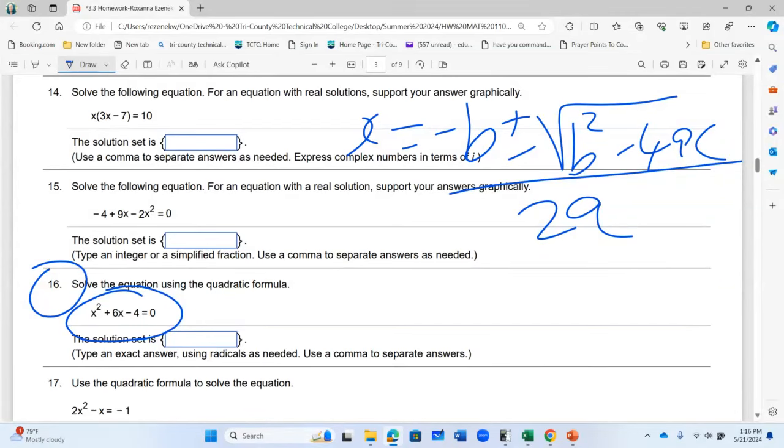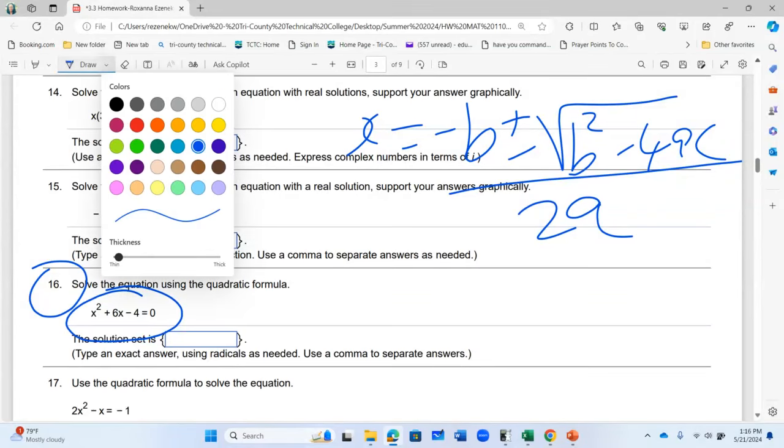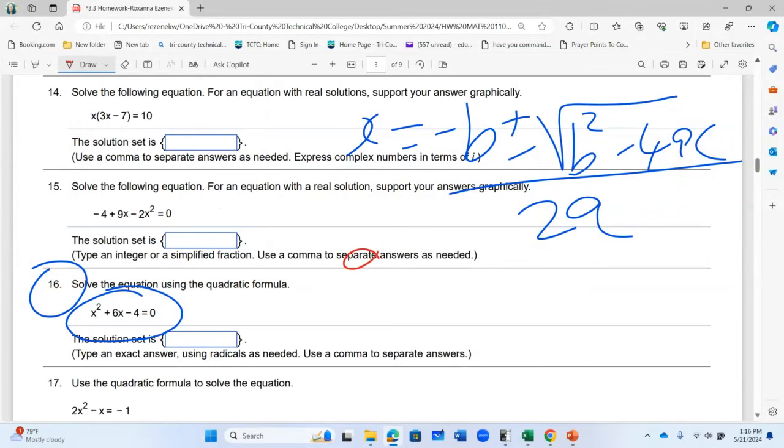The leading first term is degree 2, the second term is degree 1, the third term is degree 0. Okay, so we can do it that way. At this point, the next thing I will ask myself is, have I collected A, B, C? My A is 1, my B is 6, and my C is negative 4.